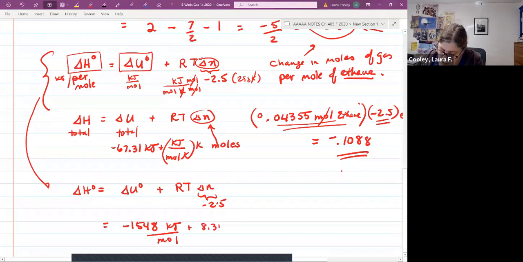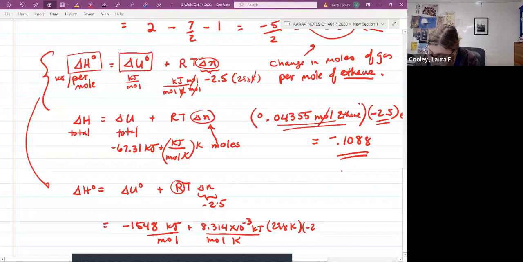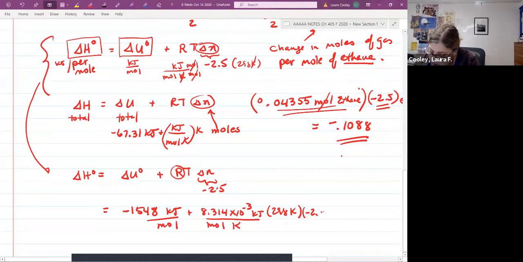Plus 8.314 times 10 to the negative 3 kilojoules per mole Kelvin. That's the R. 298 Kelvin times negative 2.5 moles of gas per mole of ethane.